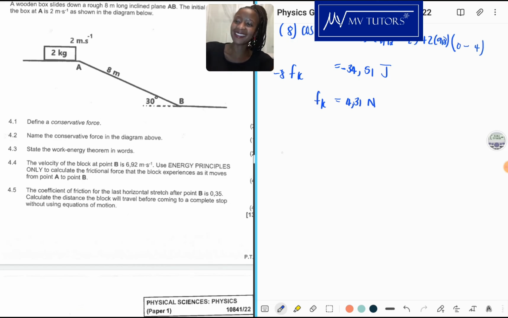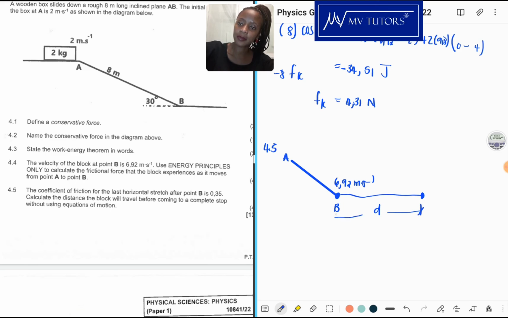So it comes to a complete stop. All right, so we had from point A to B, and then from point B, we know that the velocity there at B is 6,92 meters per second, and then it comes to a complete stop at whatever distance that is.